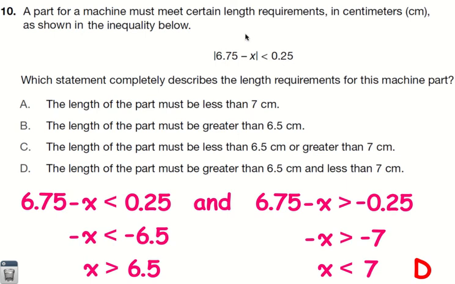So it can be 0.25 less than 6.75, or it could be 0.25 greater. So you see how we can range between 6.5 and 7.